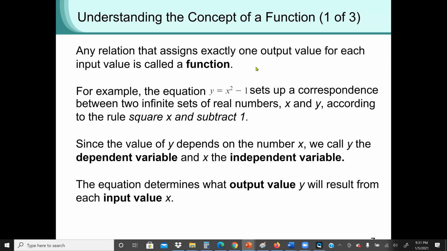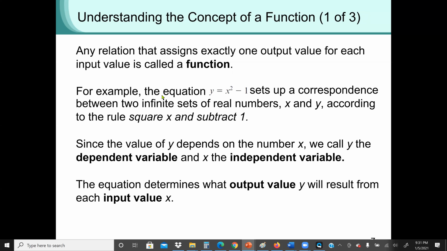It's not a function only if one input can determine 2 or more outputs. So again, the definition is any relation that assigns exactly one output value for each input value is called a function.